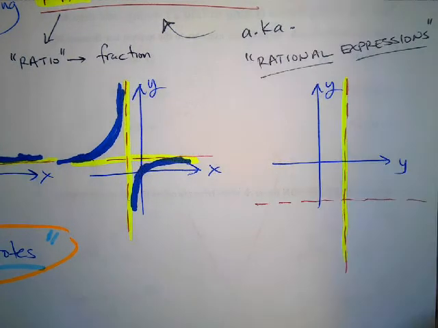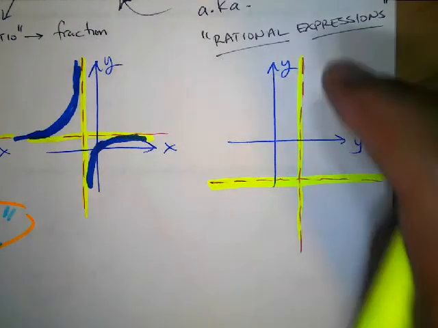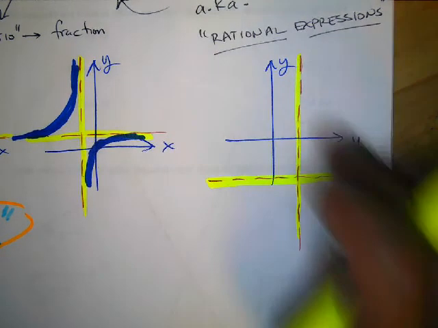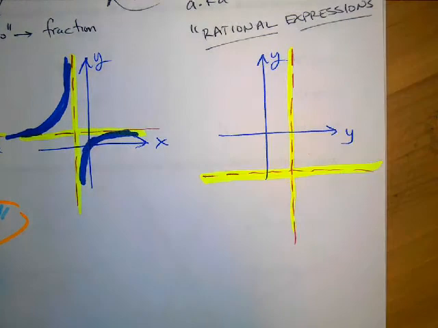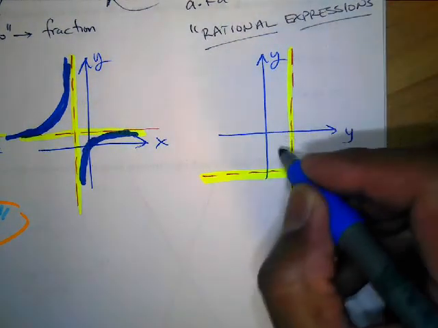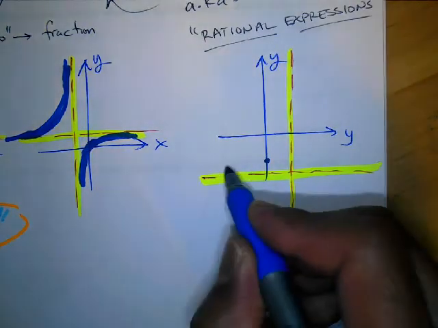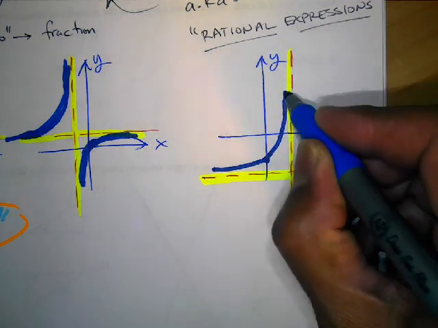Here again, I'm just throwing it out there: there's an asymptote there, there's an asymptote there. You see the four quadrants, and you do a vertical and a horizontal line. Then let's say you figure out that the point is here. Well, then you know that the curve has to go through that point.